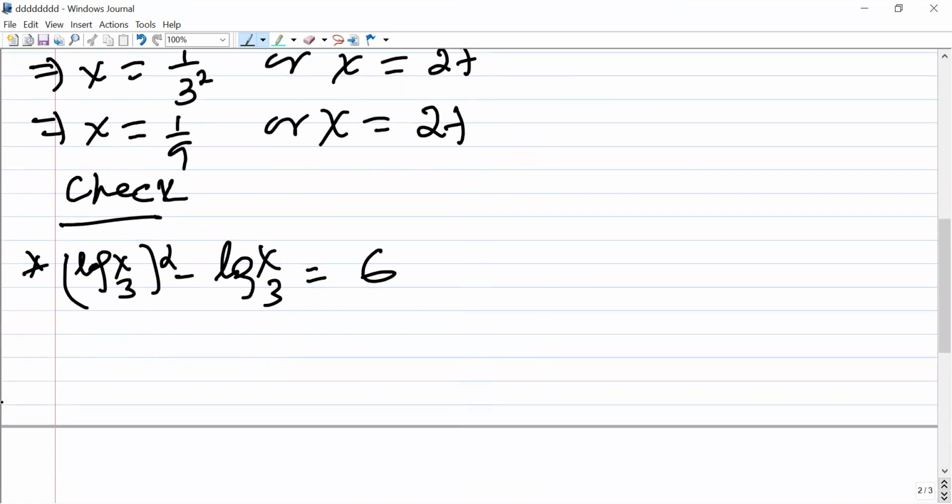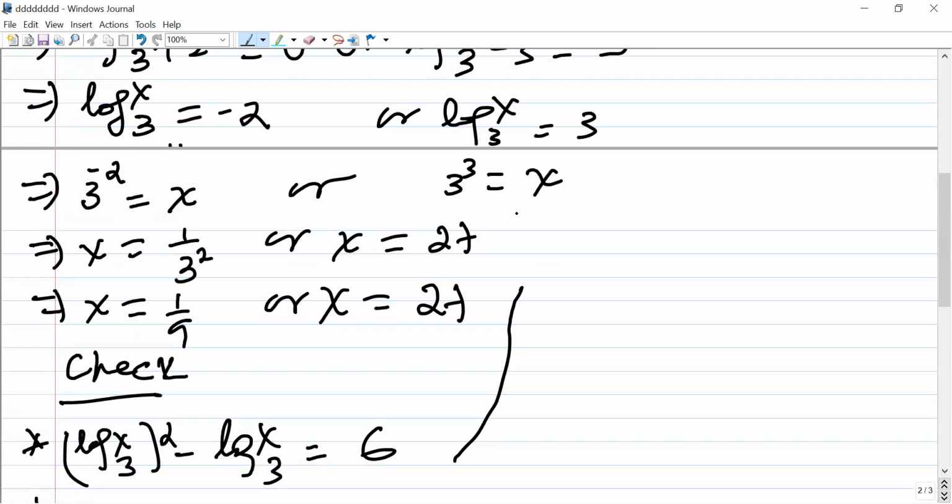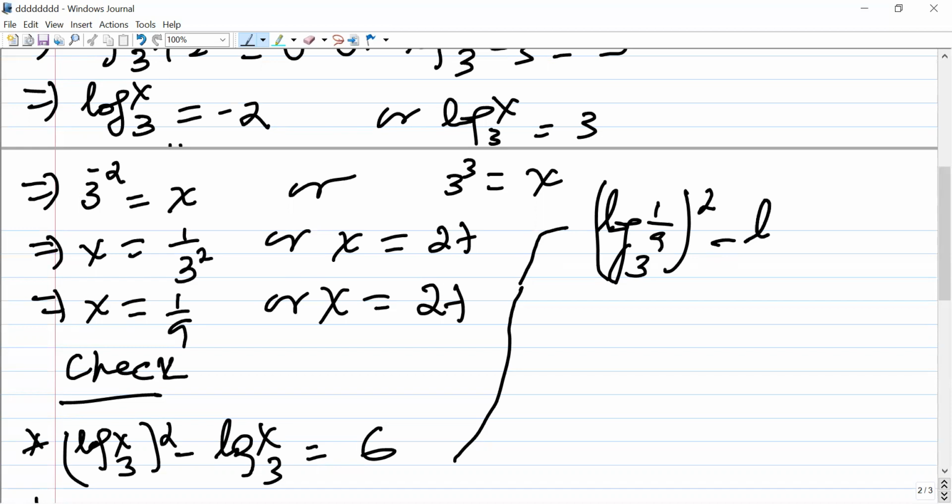So if we substitute x is equal to 1 over 9, we have log of 1 over 9 to the base 3, the whole squared, minus log x to the base 3 is equal to 6.